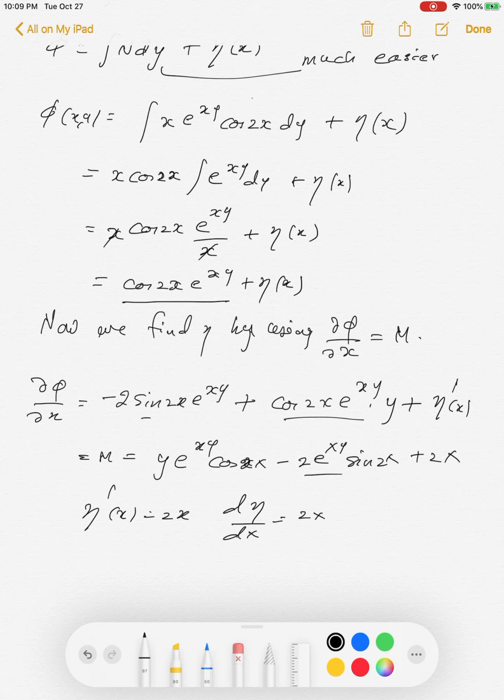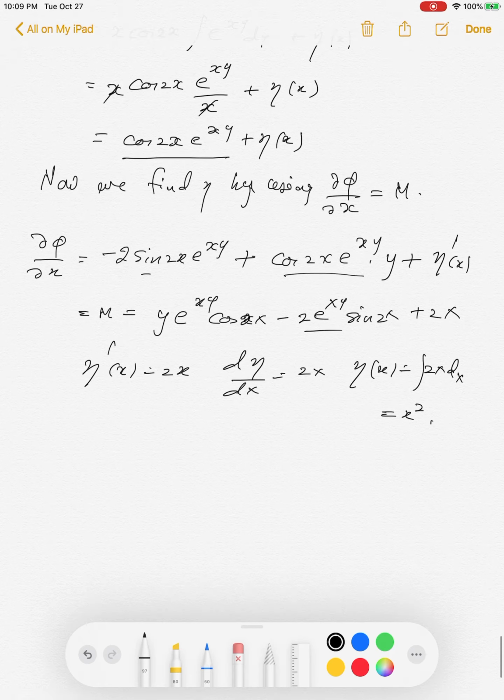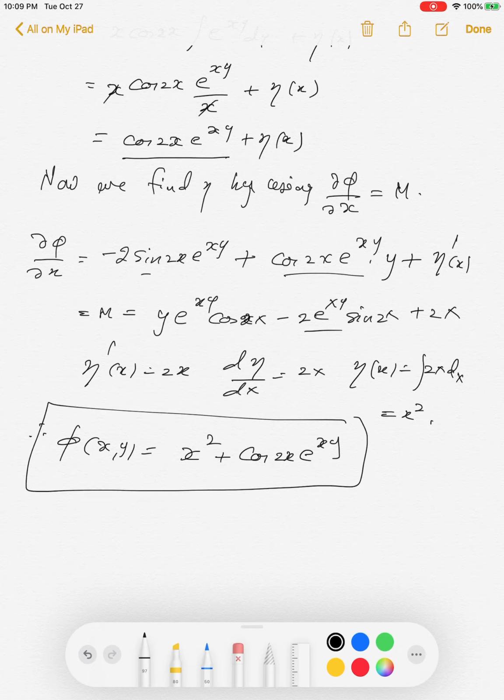So that tells you that η'(x) is 2x. Here η'(x) stands for the derivative with respect to x. So η(x) is the integral of 2x dx, which is x squared over 2 times 2, so η(x) is x squared. That gives you φ(x,y) as x squared plus cos 2x e^(xy).